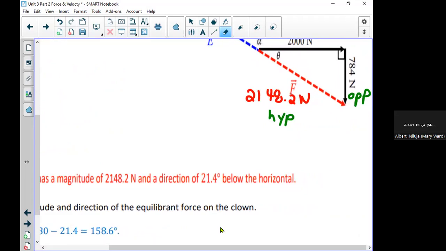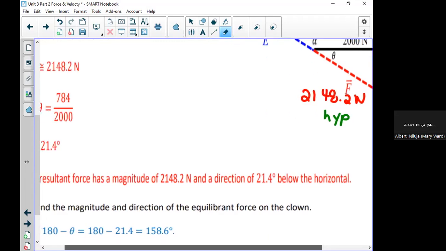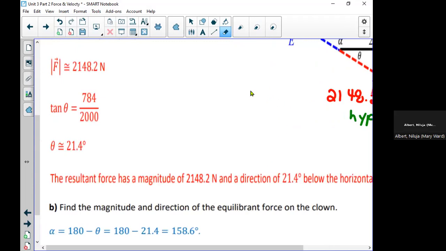Okay, so that's not bad. The next part of the question, find the magnitude and direction of the equilibrium force on the cloud. Okay, so now, according to what Miss Albert has just told us, that particular vector is going to be equal in magnitude, so it's going to have the same length as our initial resultant, but it's going to be in the opposite direction.